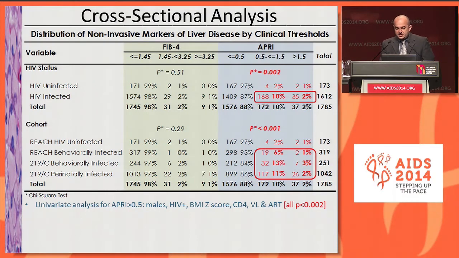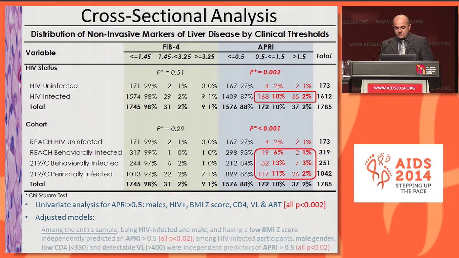The univariate analysis for APRI greater than 0.5 indicated that male gender, being HIV infected, a low BMI Z-score, a CD4 count under 350, and a detectable viral load above 400 while not on any ART were significant predictors.